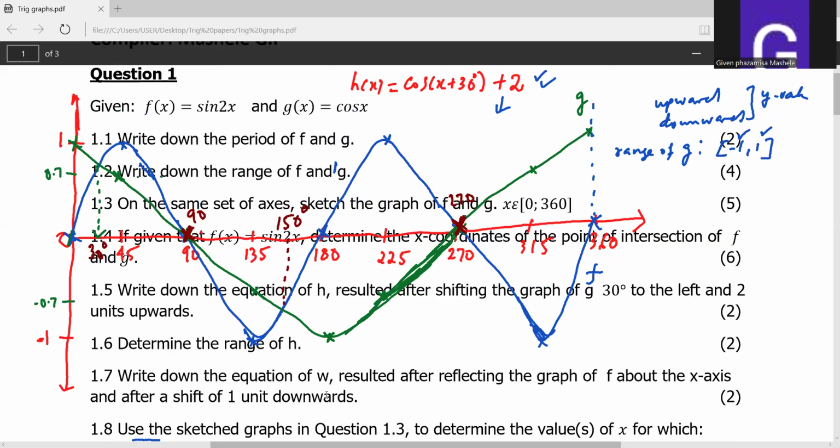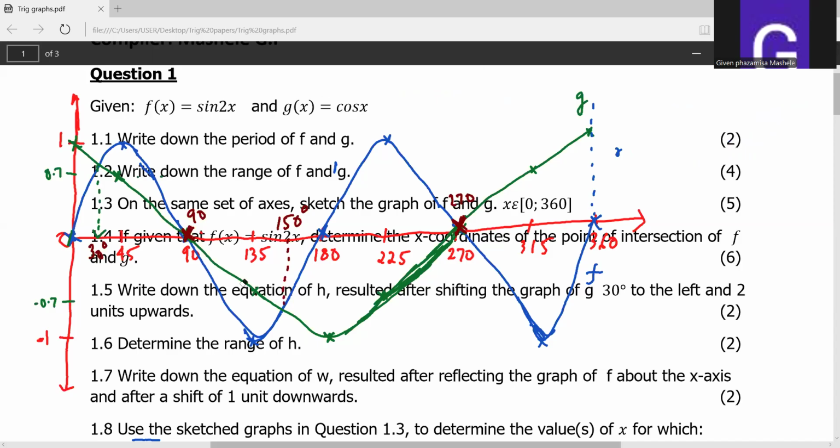Okay, 1.7 it says, write down the equation of h. We want to write down the equation of h resulted after what? After reflecting the graph of f.